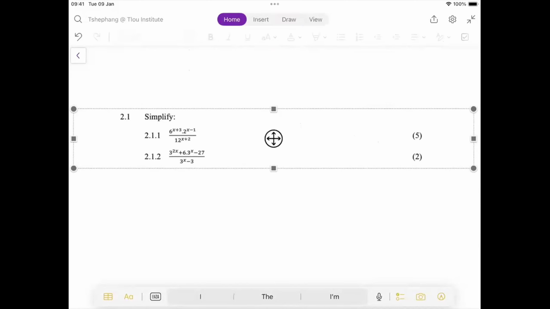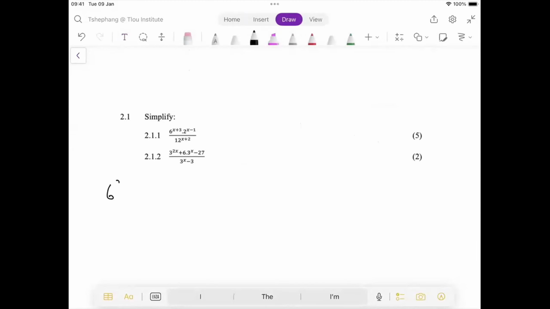It says simplify: 6 to the power of x plus 3 multiplied by 2 to the power of x minus 1, all over 12 to the power of x plus 2. How would you go about such a question?